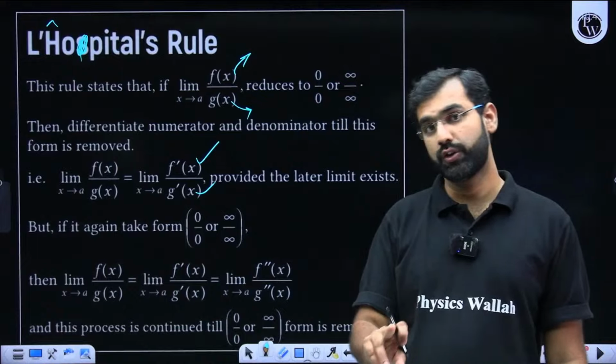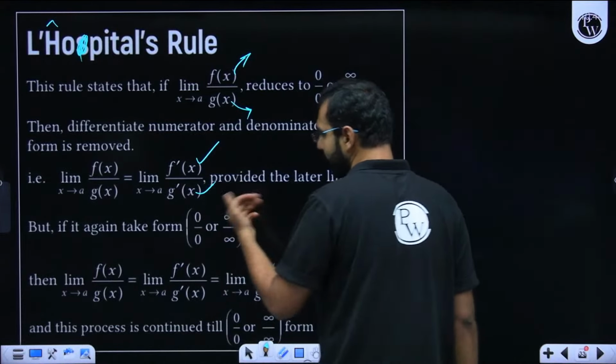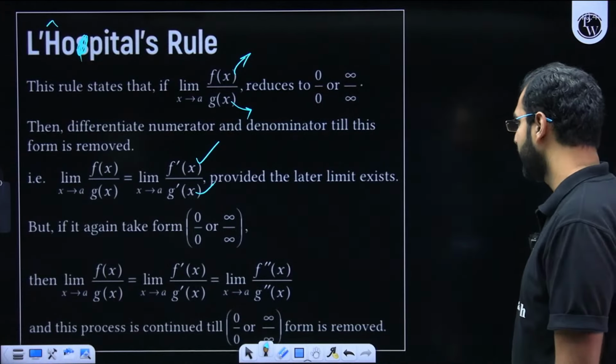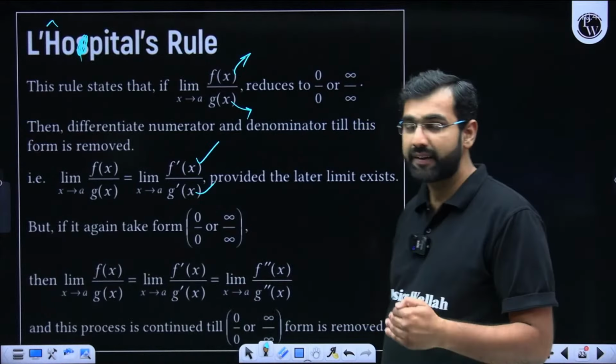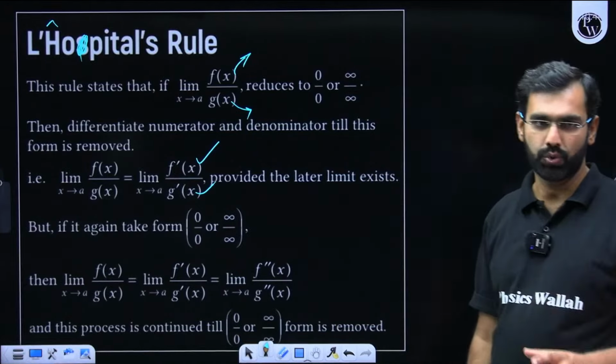I'm not asking you to use the quotient rule. Remember that. Here, you take the derivative of the numerator divided by the derivative of the denominator. Do you remember that result, all the participants? I hope no confusion on that. And yes, if you again get a 0 by 0 or infinity by infinity form, then again you have to use the same approach, right?